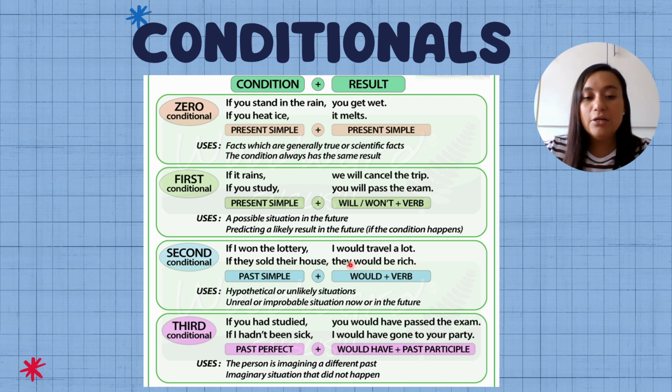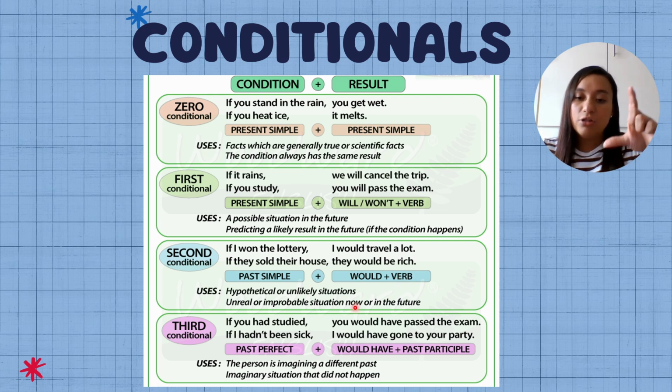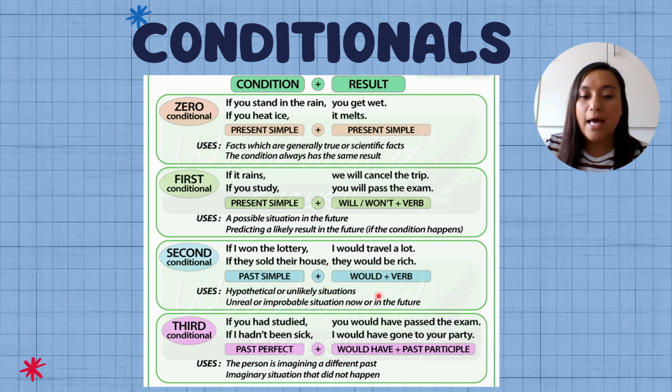So here in the second conditional, we use past simple when we talk about the if, the possible condition, and for the possible result, we use would. If they sold their house, they would be rich. So remember, second conditional, the condition is in past simple, and the result with would and the verb in the infinitive form.